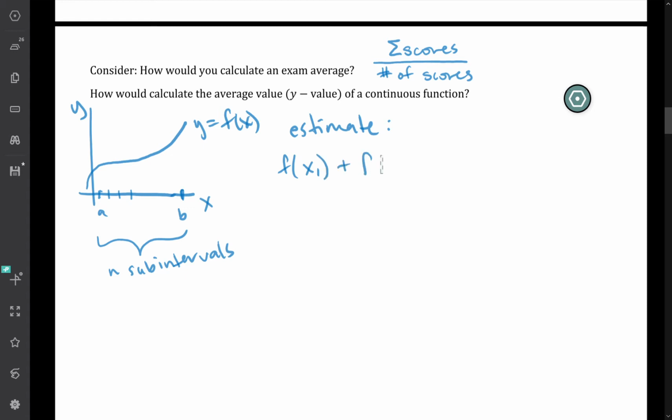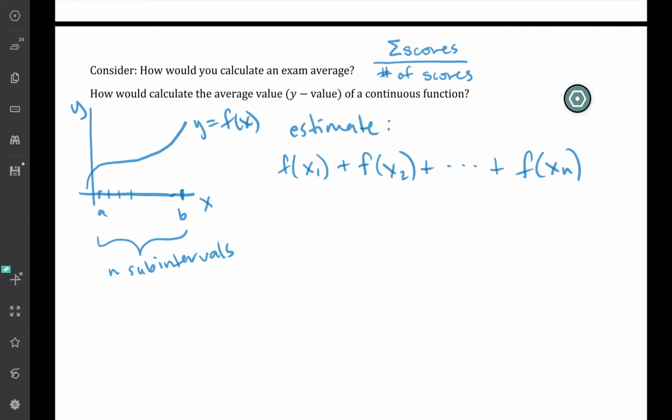And then we're going to take our x sub 2, which would be any old x value in the second one, and plug it into our function. And we're going to keep doing this until we've got one for every subinterval, which means we'd stop at x sub n. And if we want to get the average, we would then need to divide by n.